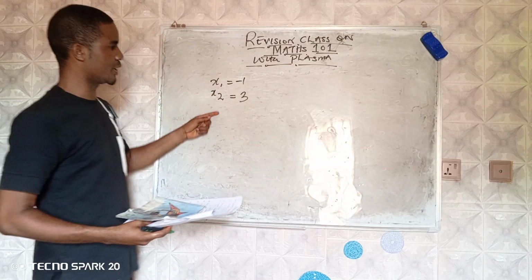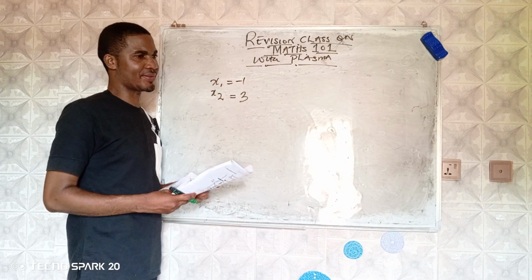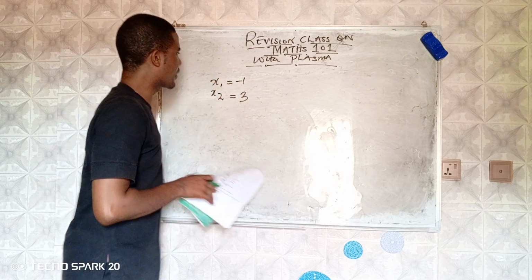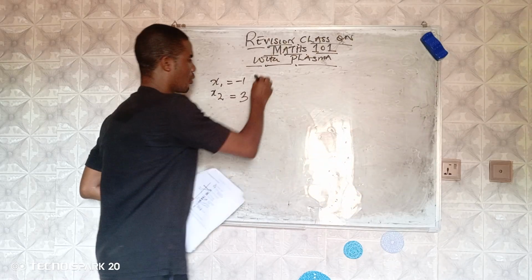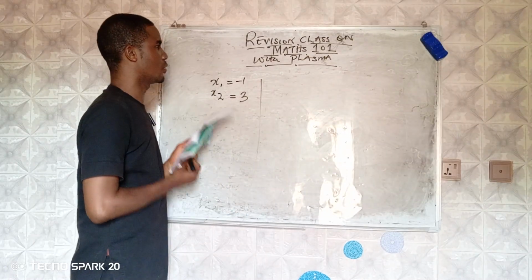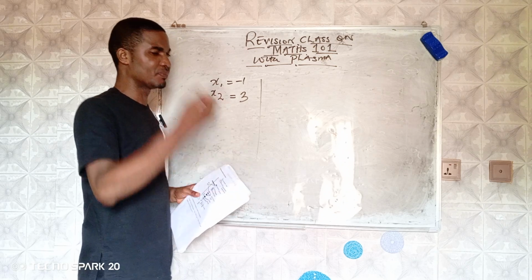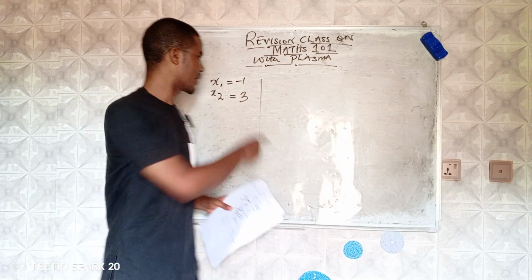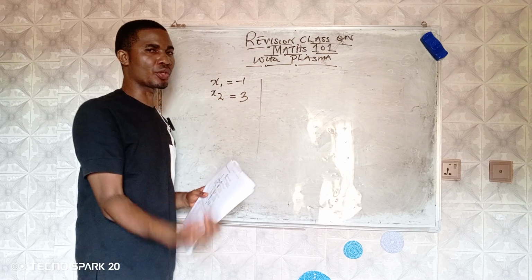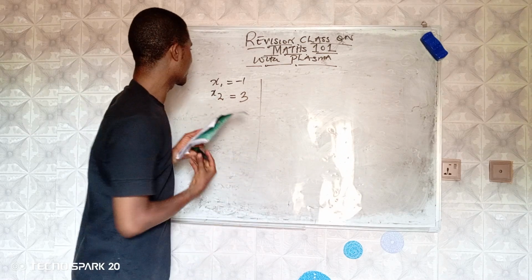We should form an equation whose roots are these. So how do I go about that? Very simple. When I have such a question in an exam, my answer is going to be a quadratic equation. Remember, when they gave us a quadratic equation, we gave them roots. Now they are giving us roots. We have to give them a quadratic equation.